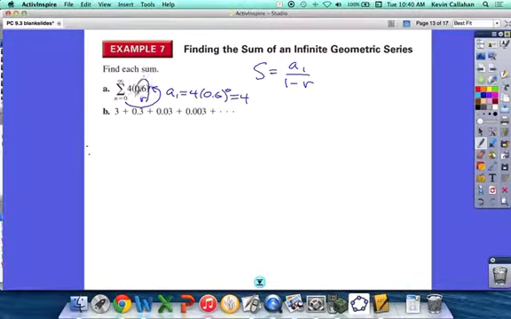And we already said the r is 0.6. So that's all you need for this. 4 over 1 minus 0.6, which is 4 over 0.4, which is 10.